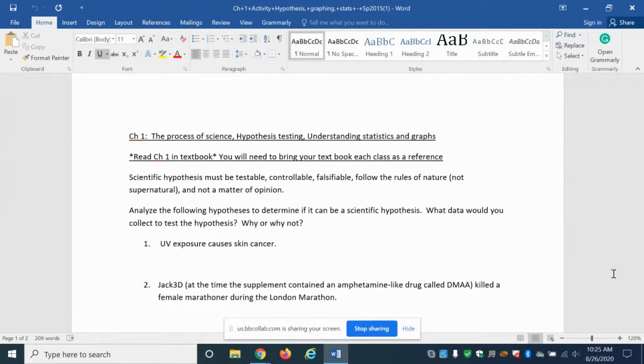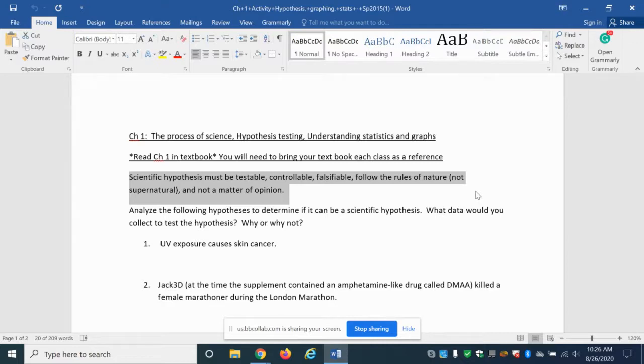So I suggest doing this part after you've gotten started with Chapter 1. There's information on hypothesis testing as well as graphing in the Unit 1 lecture, and we are building on that information. Key things when you're completing this document are up here at the top, and this is kind of your checklist. So for something to be considered a scientific hypothesis, it must be testable.